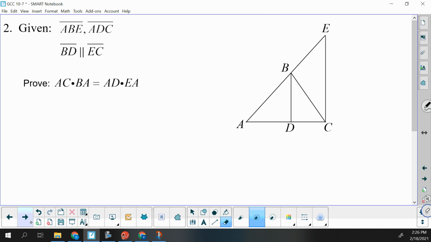So moving on to page 46. We'll start with our statements and reasons and givens.